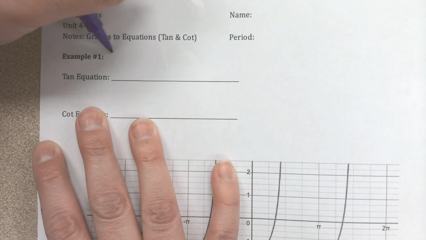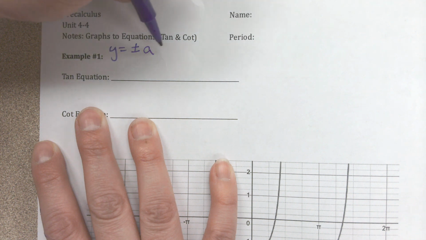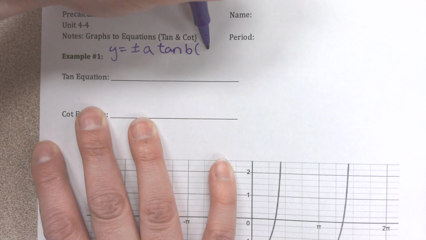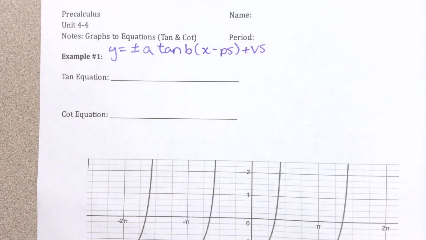That hasn't changed. Y equals plus or minus A, and I'll just do tangent for this. Tangent of B times x minus the phase shift plus the vertical shift at the end.